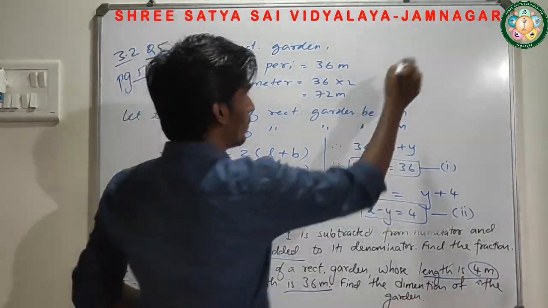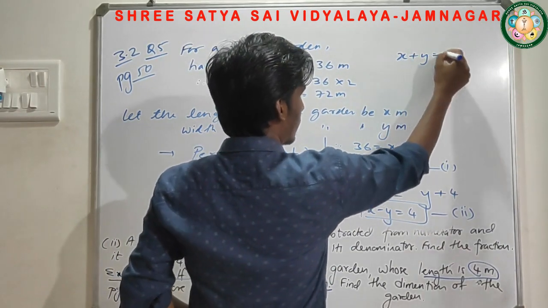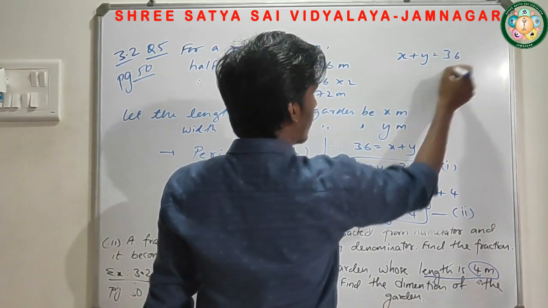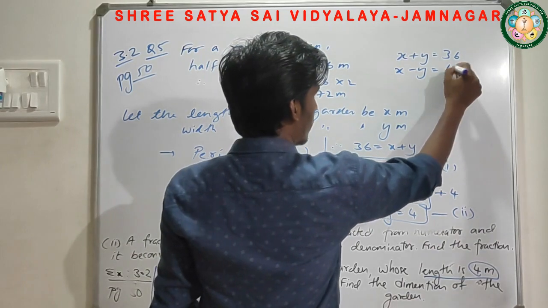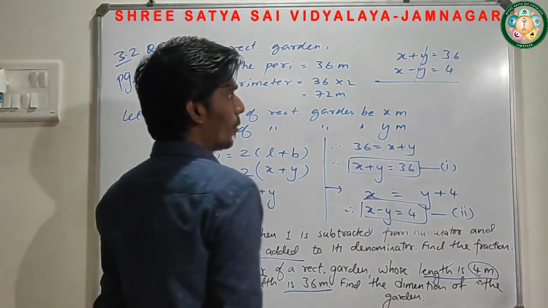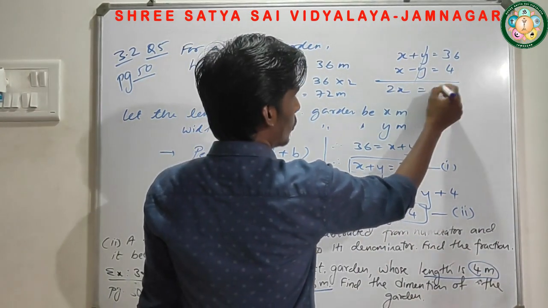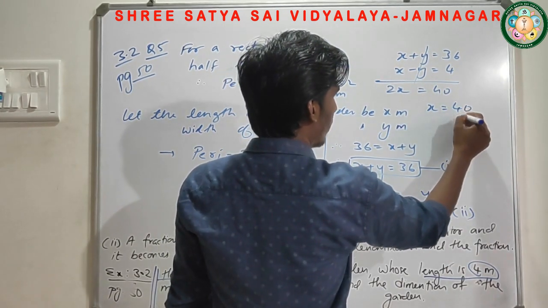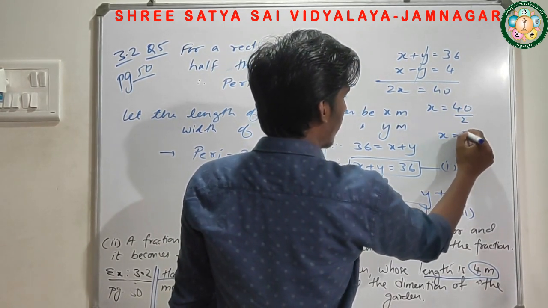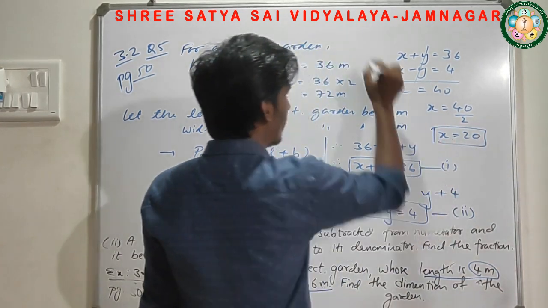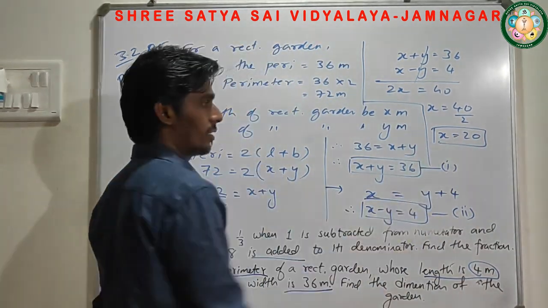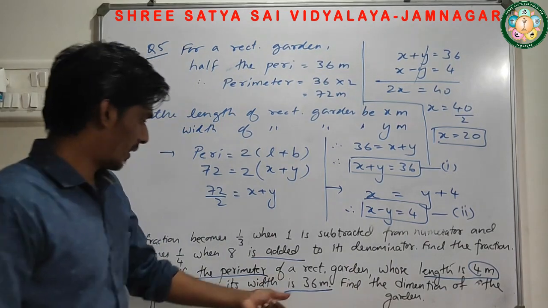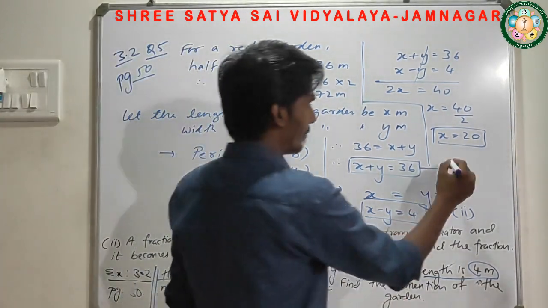So let's solve this also. x plus y is 36, x minus y is 4. Opposite signs get cancelled. 2x equals 40, x equals 40 by 2, x equals 20. So the length is 20. So how much will the breadth be?